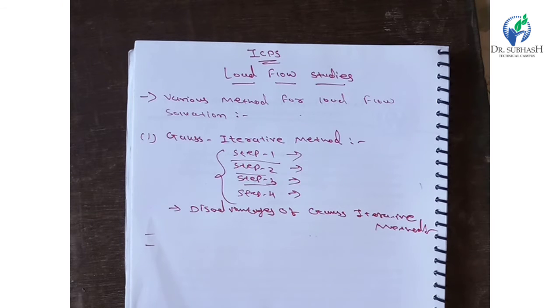Both are the disadvantages of the Gauss iterative method.